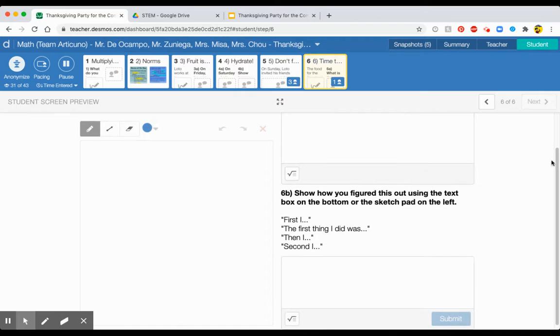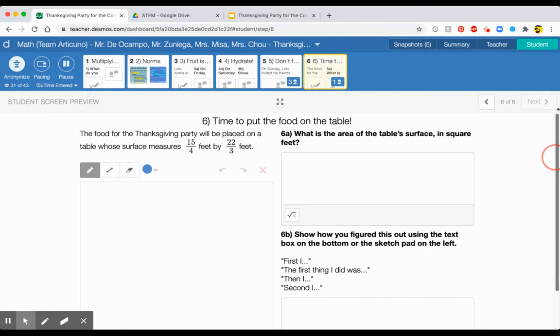Number 6. Number 6 is an area problem, and you learned back in elementary school that the area of a rectangle, since we're talking about a table, is length times width.